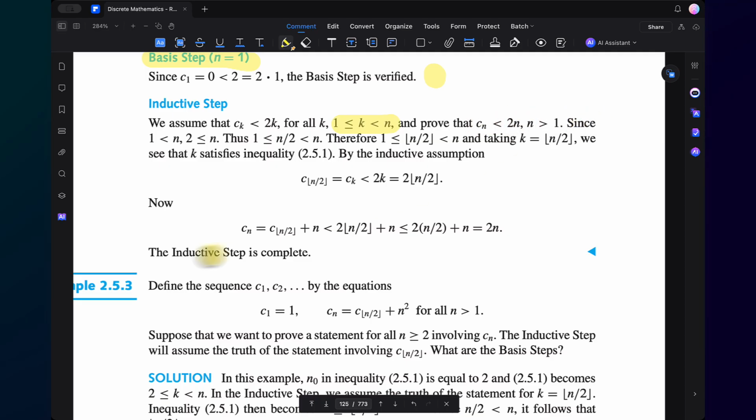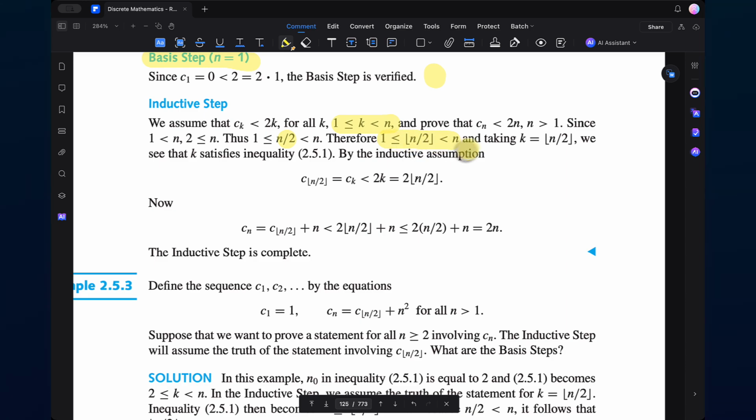All right, since 1 is less than n and 2 is less than or equal to n, thus 1 is less than or equal to n over 2. So we're really showing that the value of the floor of n over 2 is somewhere between 1 and n.